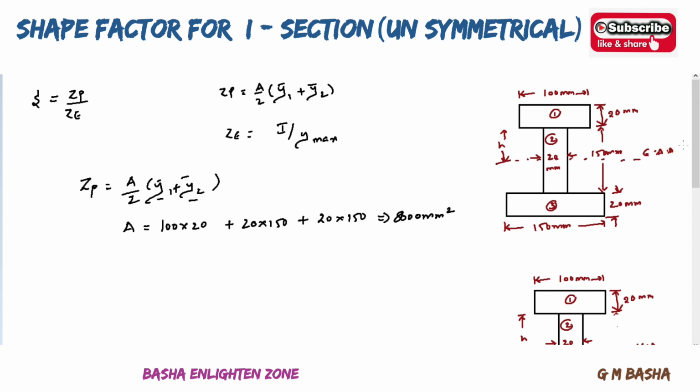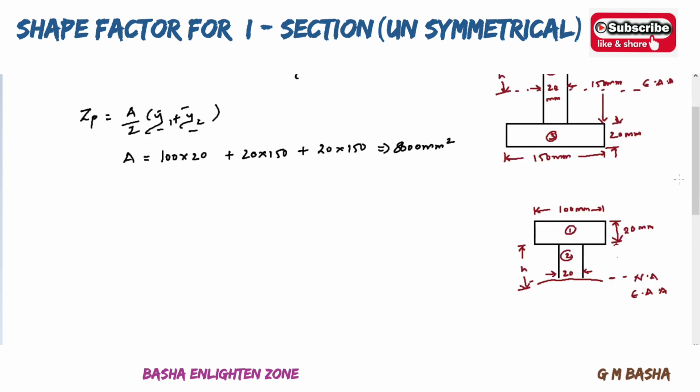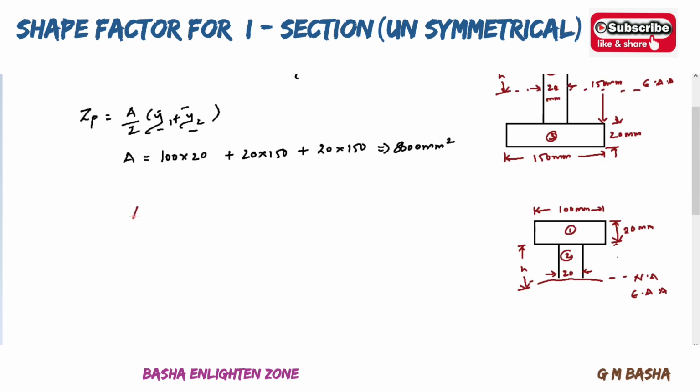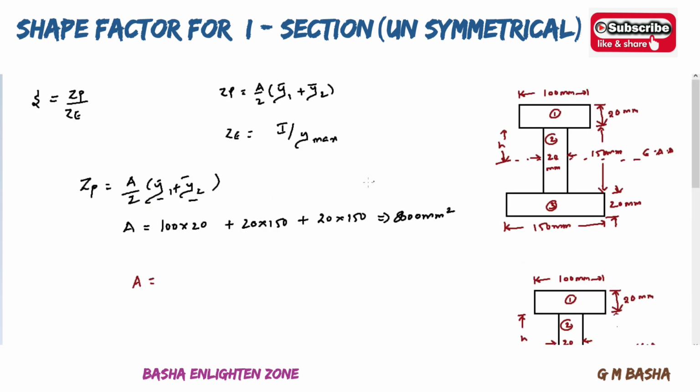For that I am considering only the half part in the upper section. We know the condition: the overall area of this section will be equal to A1 by 2, meaning half of the upper section, plus A2.